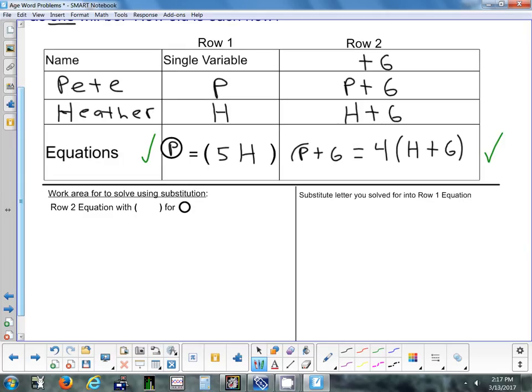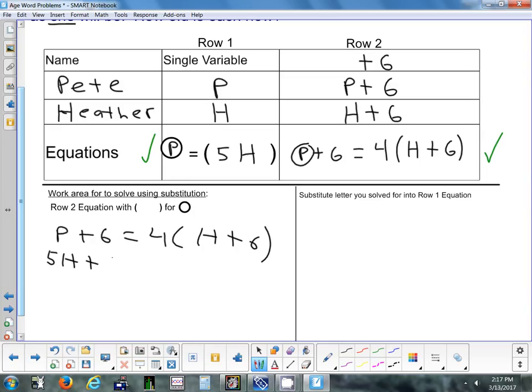Okay. This is what is going to change. Sometimes what I do, same thing Mr. Roy just did, copy it down, and now rewrite it. What are we going to change P to? Josh? 5H. P equals 5H. Okay, so replace that.